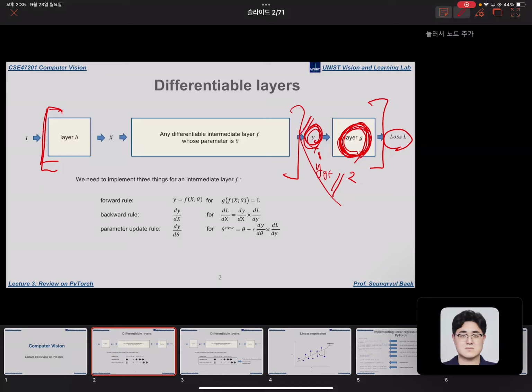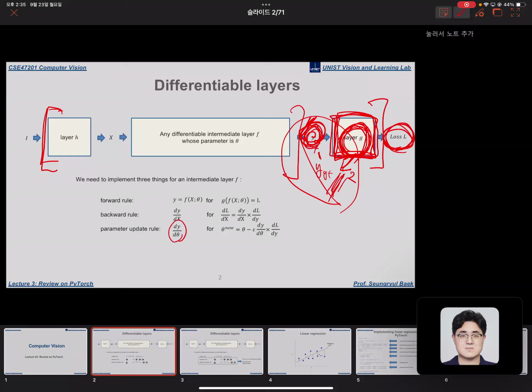But these kinds of operations are differentiable. If this layer is formulated like this, then its final output is differentiable with respect to its input, and there's no parameter.